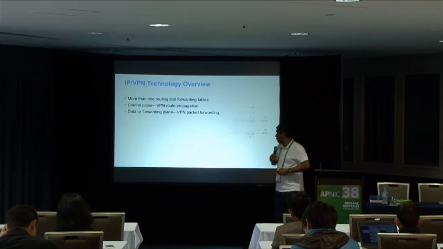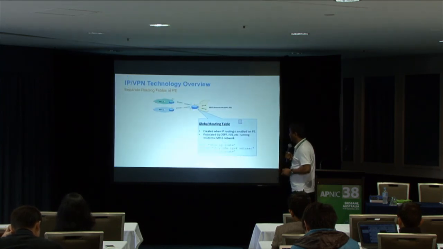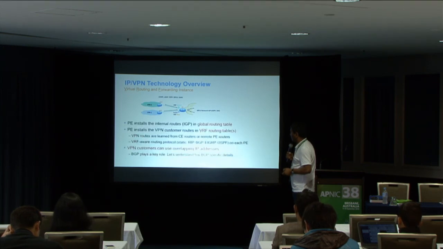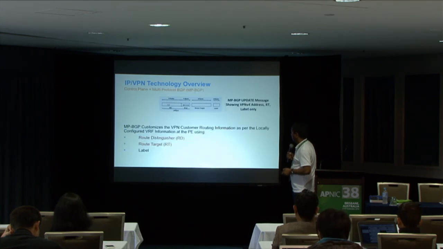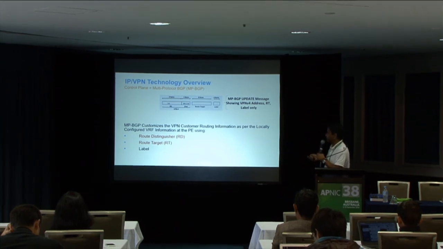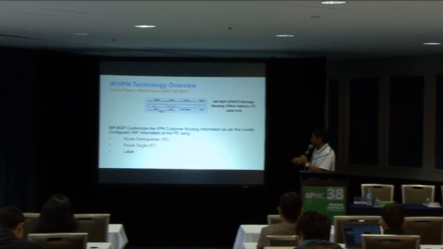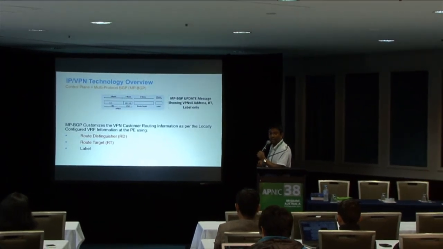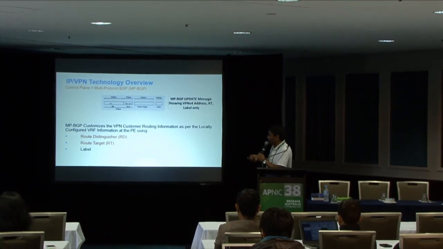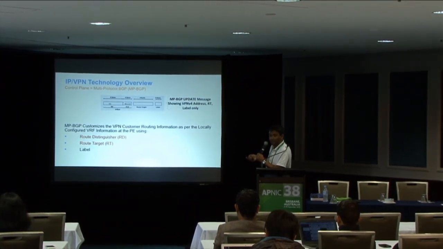So now if I go to the L3 VPN concept. Now we go to the L3 VPN concept. As we can see, each prefix coming to the ingress router is a 4-byte IPv4 prefix, right?